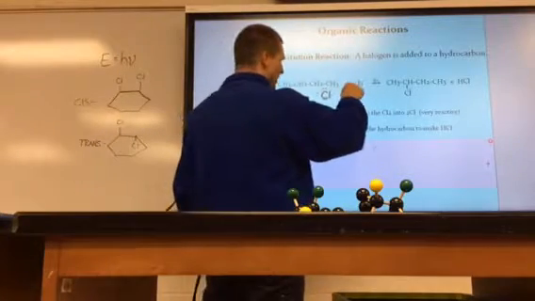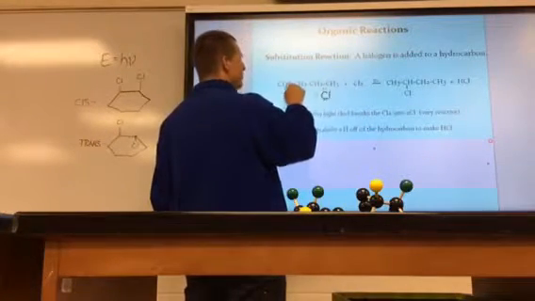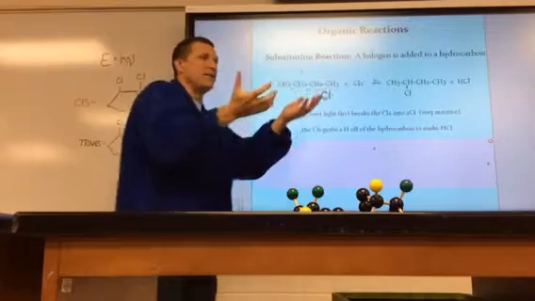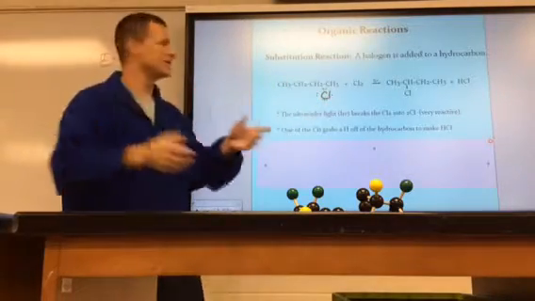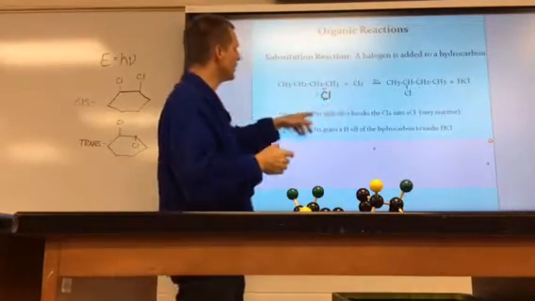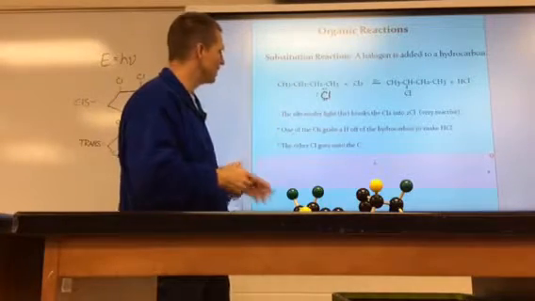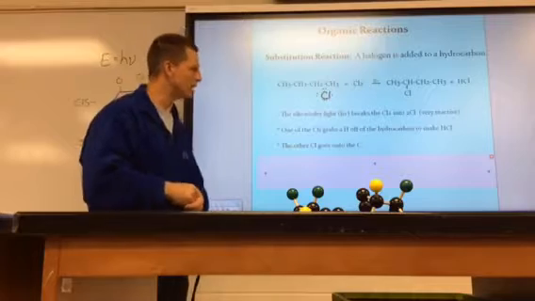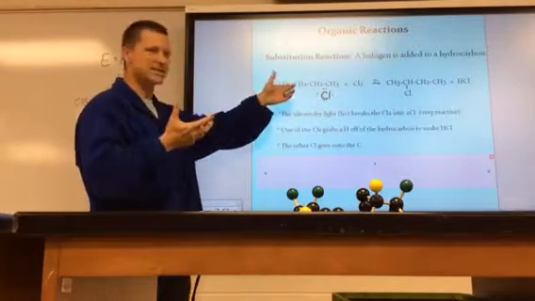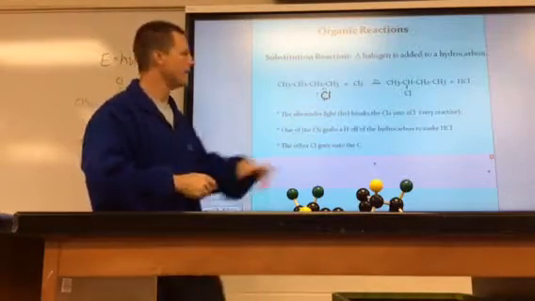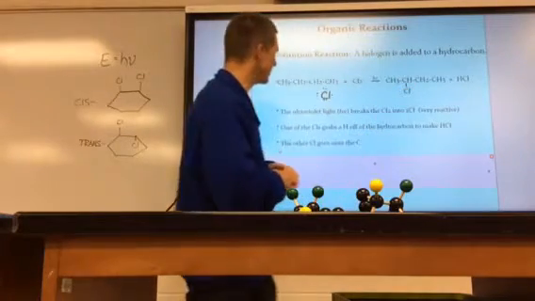The other chlorine comes in and it will bond to the carbon. Now the carbon is kind of left hanging with an unpaired electron. Is that very stable or unstable? So the other chlorine is going to go on and attach to that. That's where we get that substitution from. The other Cl is going to go onto the carbon that has lost its hydrogen. And that's where that other chlorine winds up.